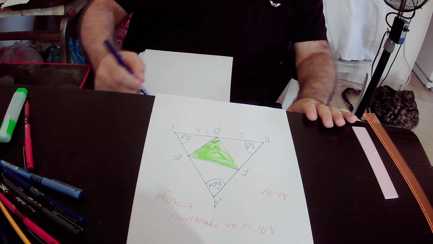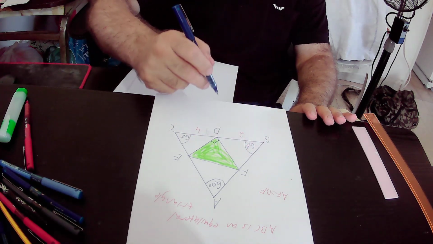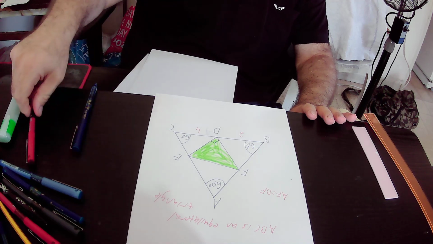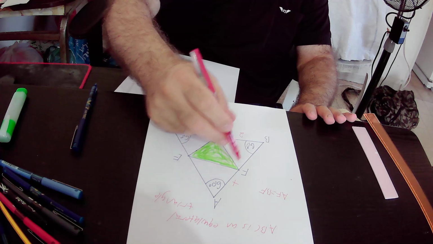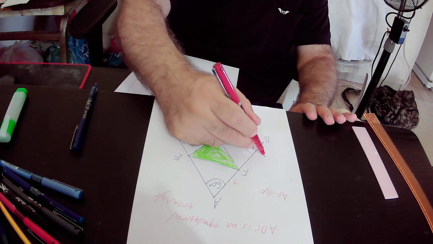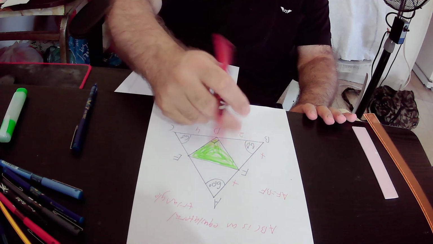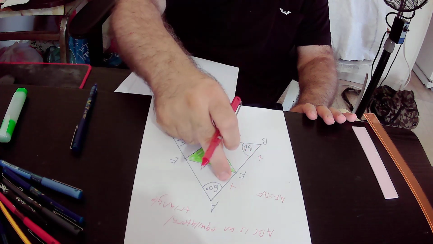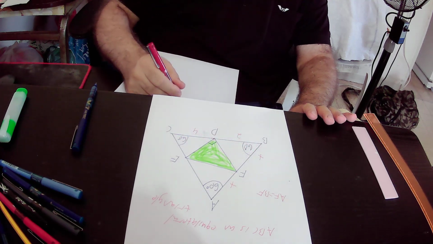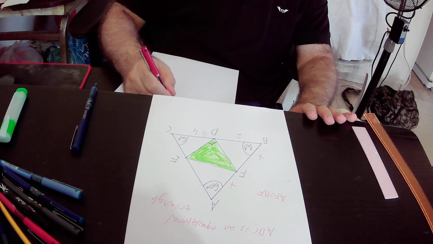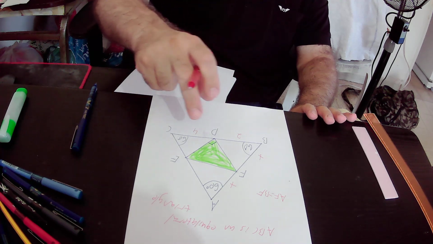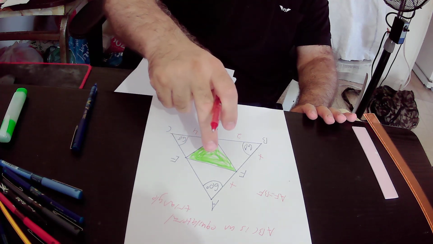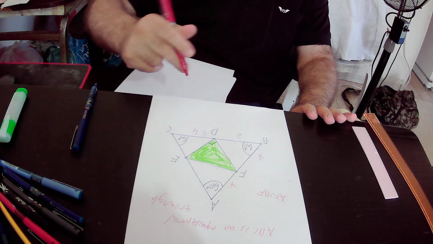And we know that AF equals BF. So if we define AF as x, then BF also will be defined as x. So AB equals x plus x, AB equals 2x. But AB also equals 6 units, because all the sides of this equilateral triangle equal 6 units.